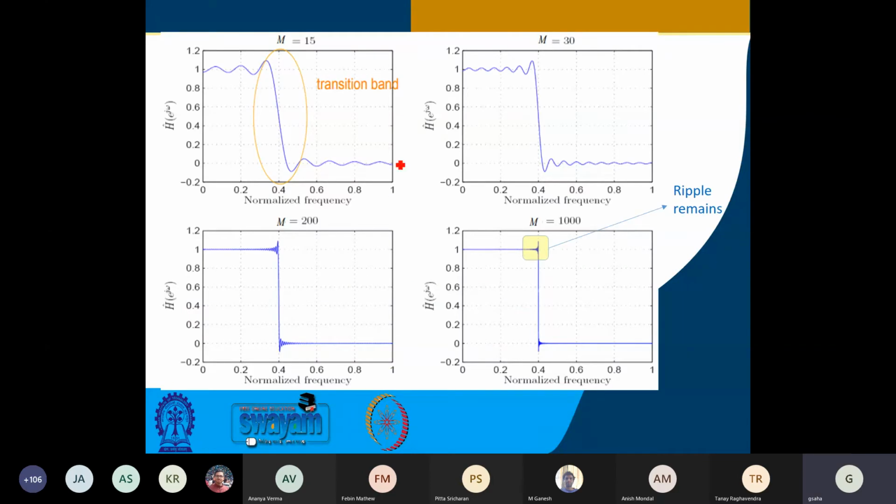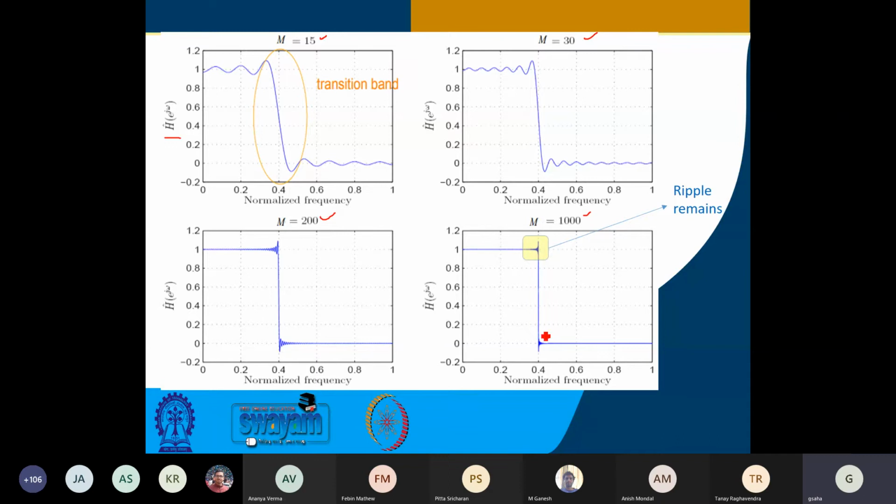So this is what you see. This is your H to the power j omega that you get by convolution, whatever we have just discussed, right? And this is the transition region, and this is order 15, 30, 200 and 1000.